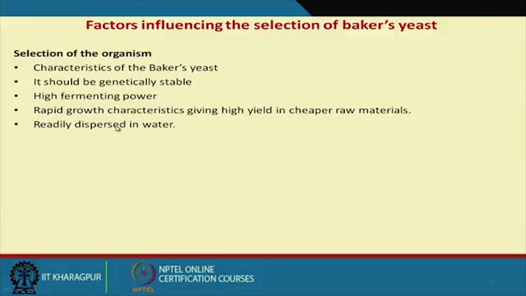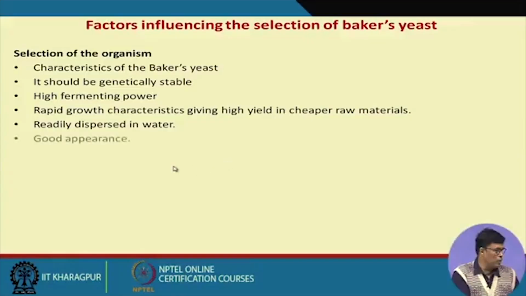Whenever you prepare a suspension, it should be uniformly dispersed in water. Then good appearance, because whenever we go to the market and purchase any kind of product, the appearance of the product is also a very important factor. From the appearance you have to see whether it is good or bad.